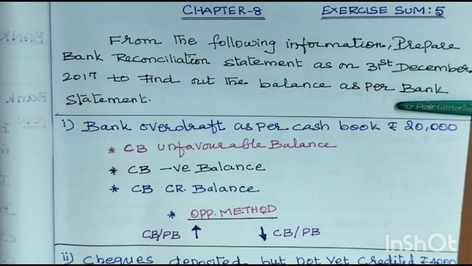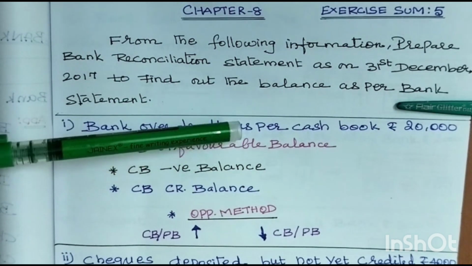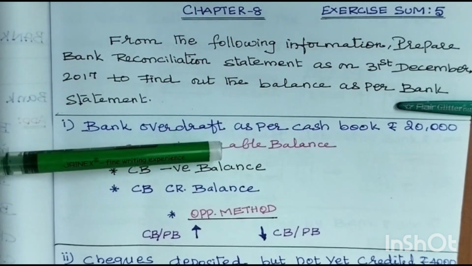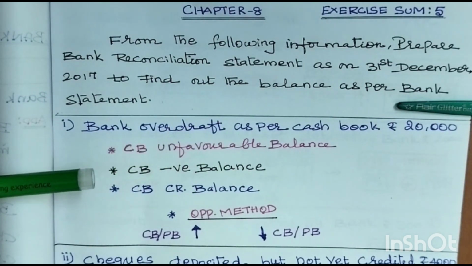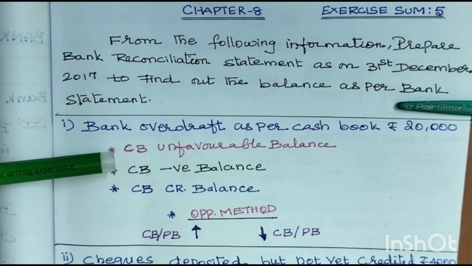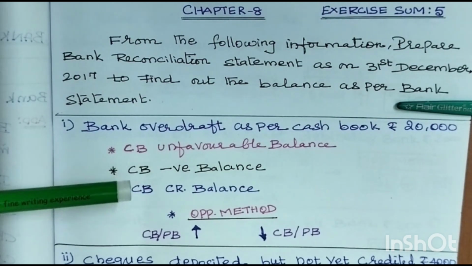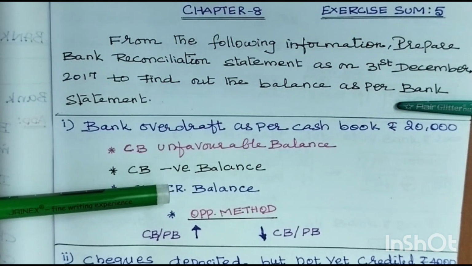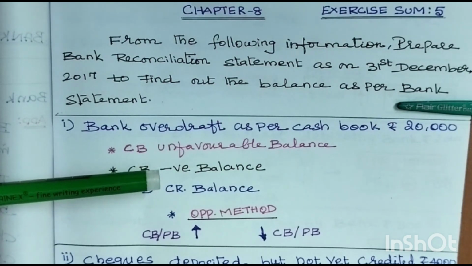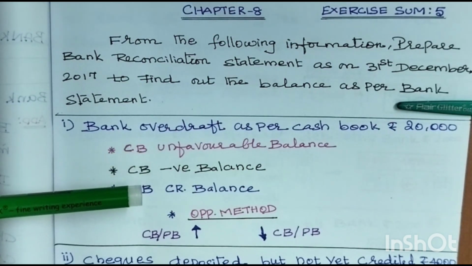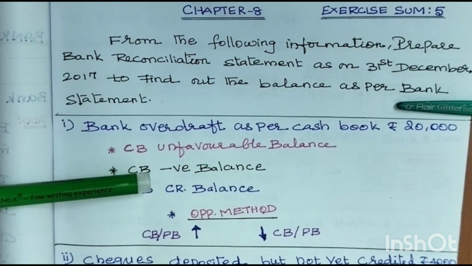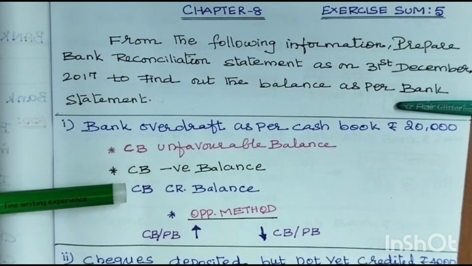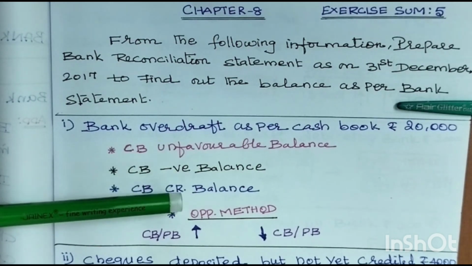So bank overdraft as per the cash book means the business maintains the credit balances of the bank account. It is unfavorable balances. Okay, the cash book has the negative balance.